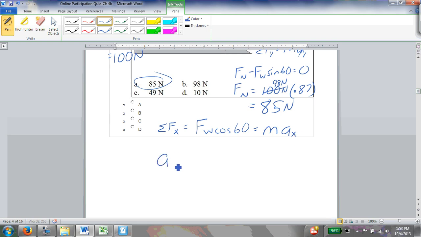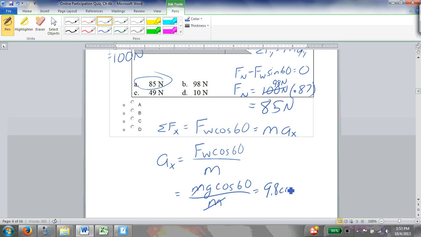So if I want to know the acceleration in the x direction, it's going to be F_W cosine 60 divided by the mass. That's m g cosine 60 over m. My masses cancel out. It's 9.8 cosine 60, which is 4.9 meters per second squared.